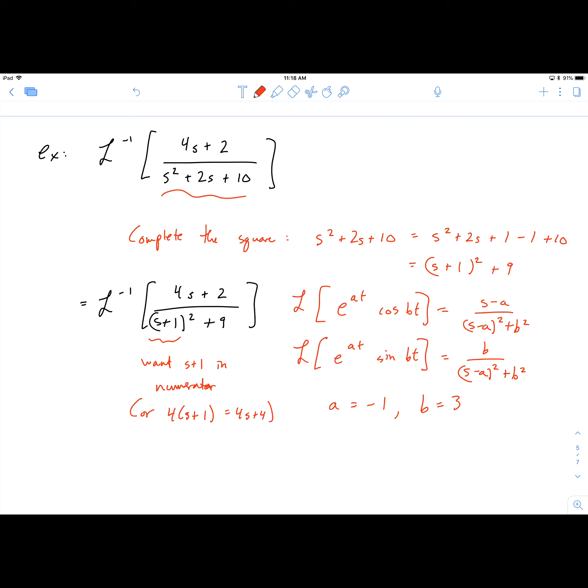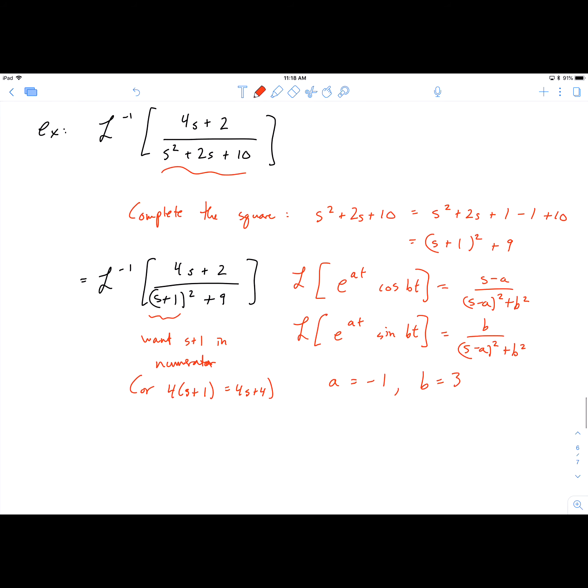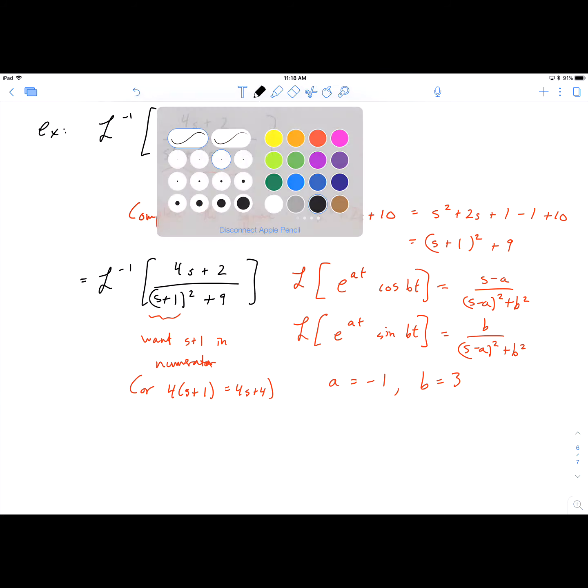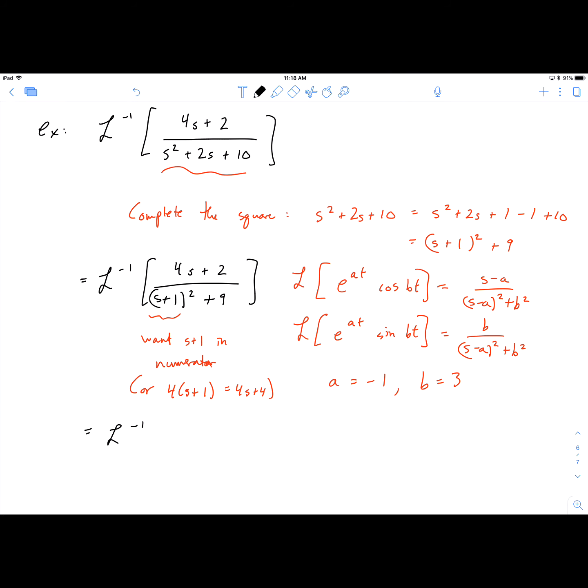The reason there is, if we pulled the 4 outside of this, what would be inside is what we want to be s plus 1. So really, there's that 4 multiplier that we can't ignore. We need 4s plus 4. So if we're going to make that work, we need to adjust here. This is going to be the inverse Laplace transform of, we want 4s plus 4.